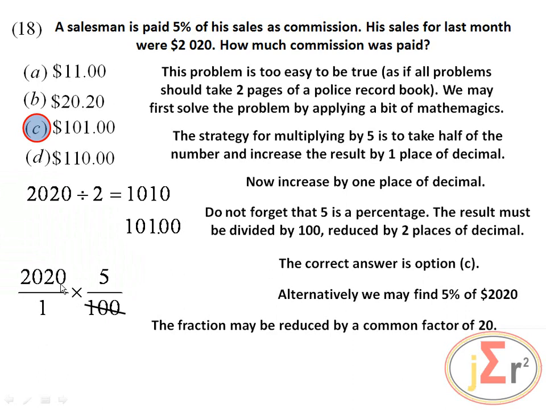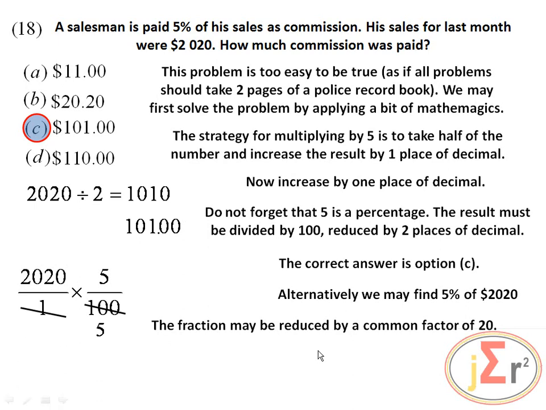We say 20 into 20 is 1, then 20 into 2 is 0, because some students may say 20 into 20 is 1, and then 20 into 20 is 1 and end up with 11. But we should say 20 into 20 is 1, then 20 into 2 is 0, followed by 20 into 20 is 1.